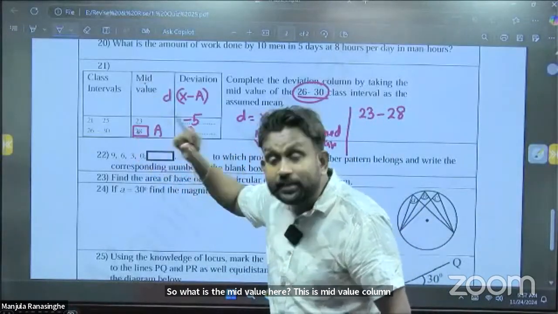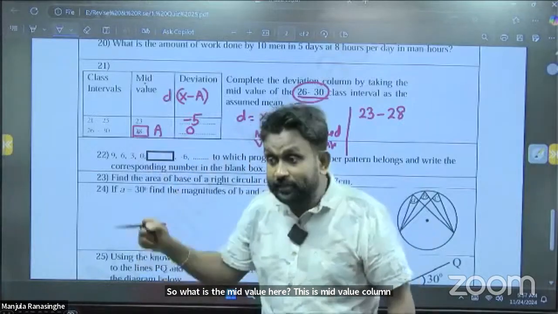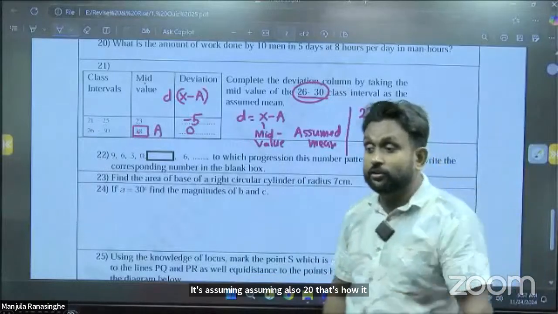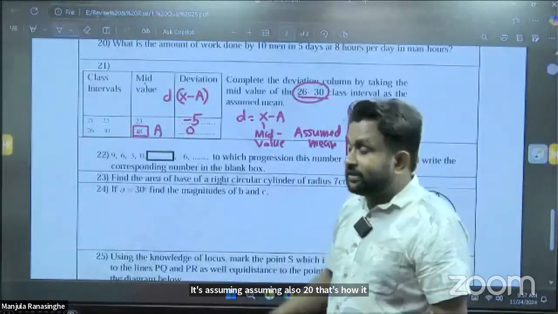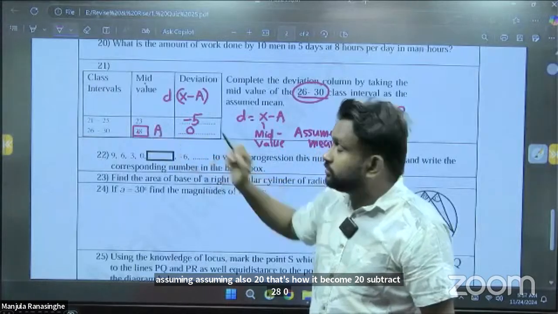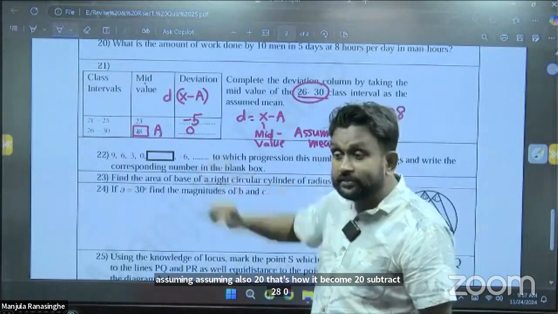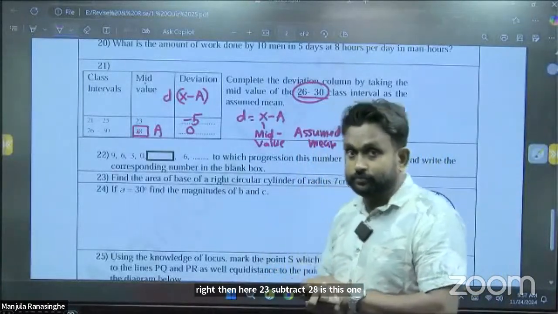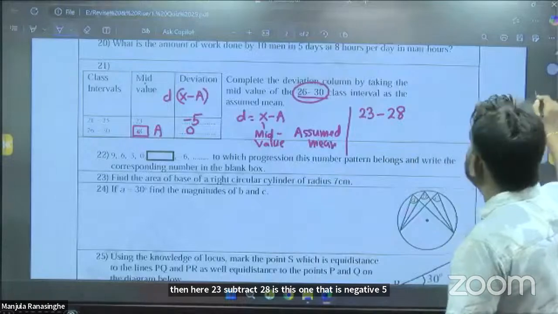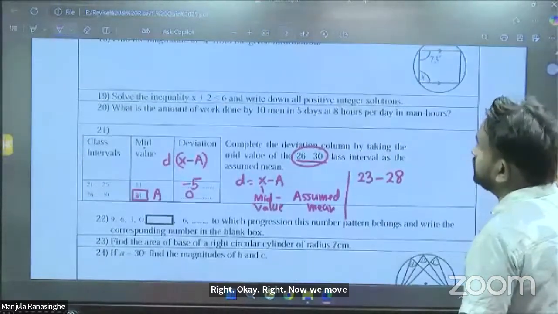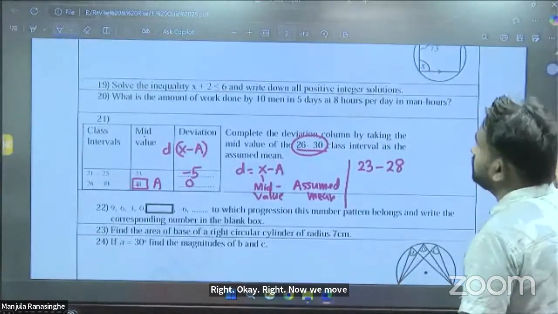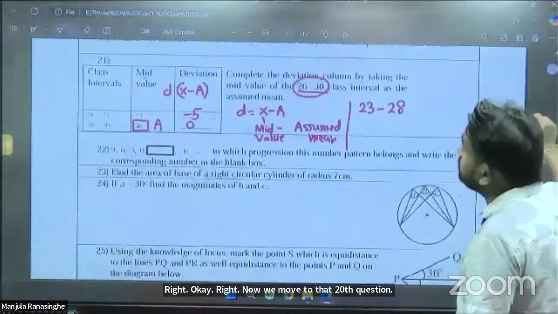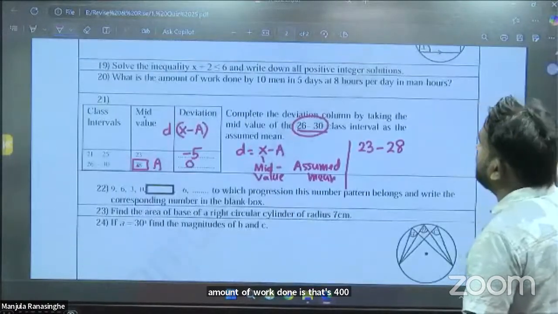Mid value 28 subtracts the assumed mean, also 28. That's how it becomes 28 subtract 28, 0. Then here 23 subtract 28 is negative 5. Right. Okay. Now we move to question 20 again. The amount of work done is 400 man hours only, not divided by 5.